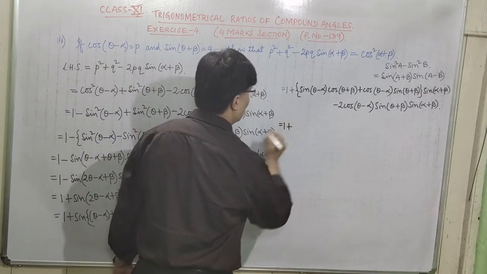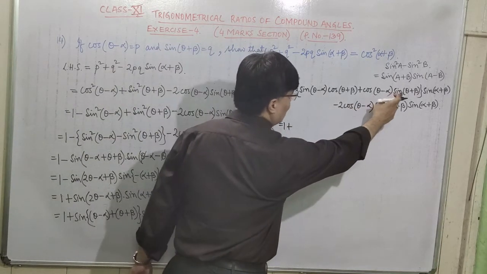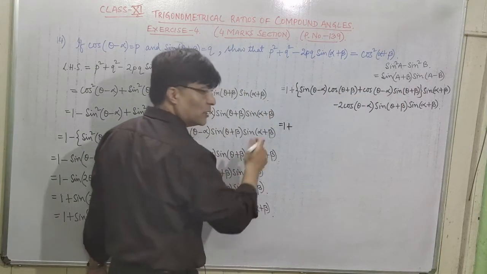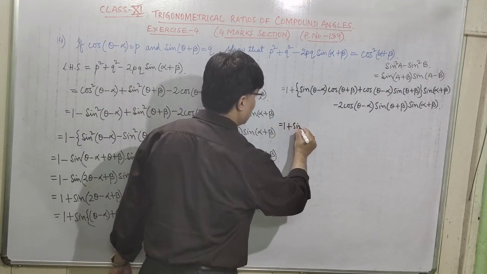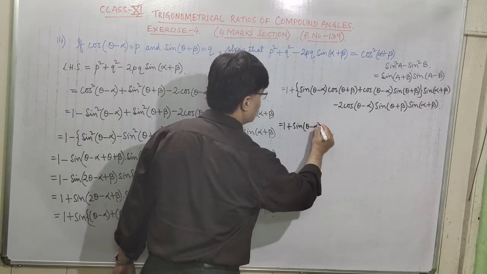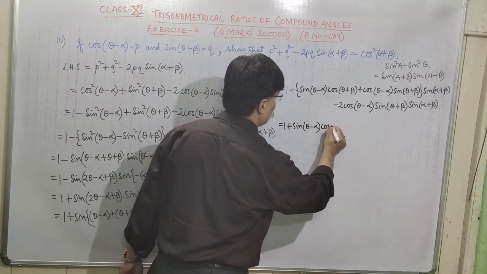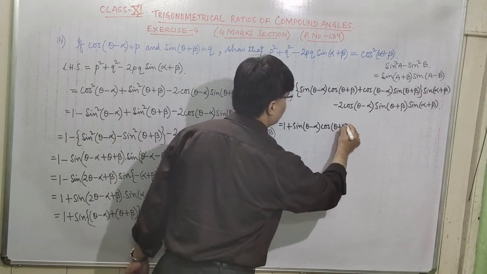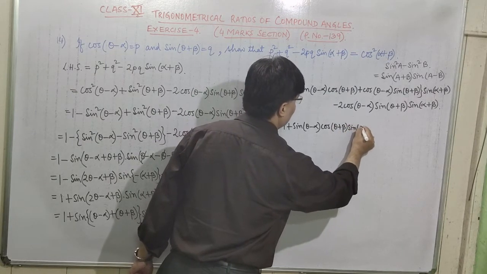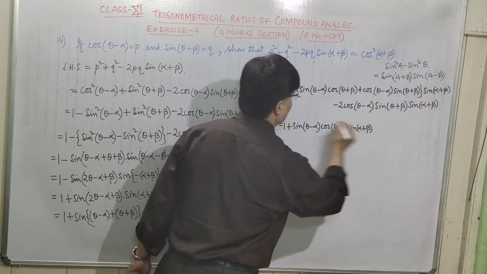Which is equal to 1 plus. Now we can multiply this sine of alpha plus beta by these two terms. So let us open the bracket. Sine of theta minus alpha cos of theta plus beta sine of alpha plus beta.